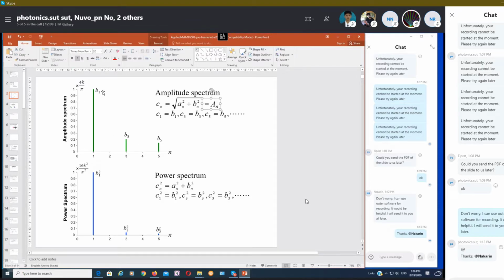Remember this one, the one that I showed you last Monday. This is the amplitude spectrum as a function of n, with n equal to 1, 2, 3, 4, 5, and so on.